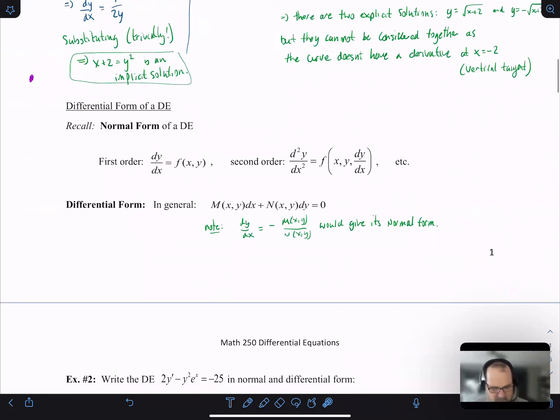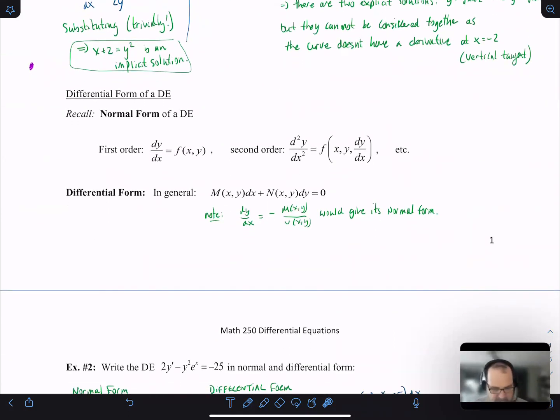Okay, so next up then, in exact equations, there is a particular form of DE that lends itself to being solved by the method, and this is something we call differential form. I do believe we mentioned it briefly previously, but this is where it really shows up, the differential form of a DE. Just as the definition, first order normal form is where we have the DE solved for the first derivative.